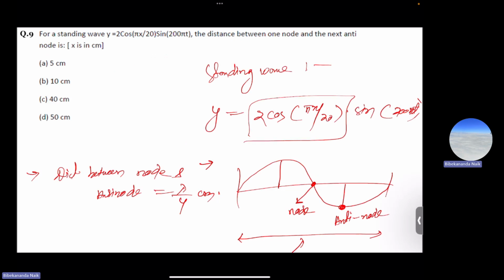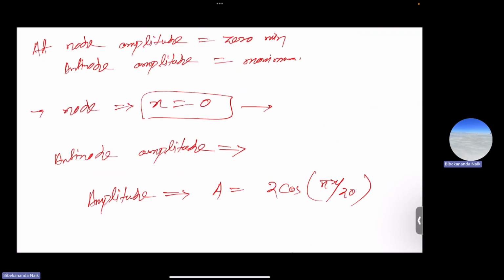So when it is maximum, so at x equal to 0, A will be 2 into cos 0, cos 0 is 1, so 2 into 1 equal to 2.